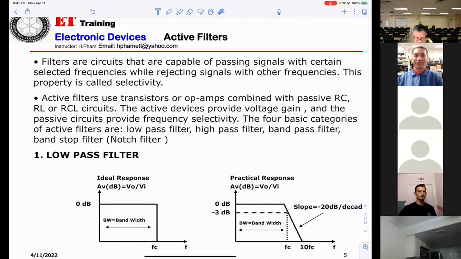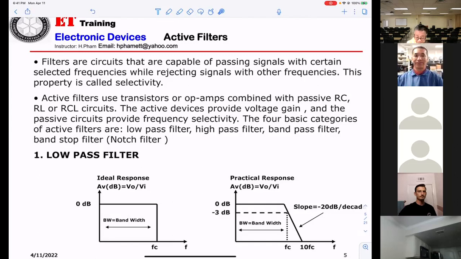An active filter is a transistor or op-amp combined with a passive RCL circuit. The active device provides voltage gain, and the passive circuit provides frequency selectivity. That means when you select, you change the frequency, that means you change the value of the passive component, RCL.